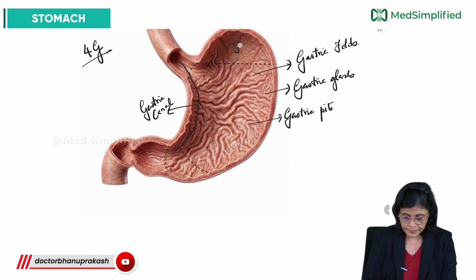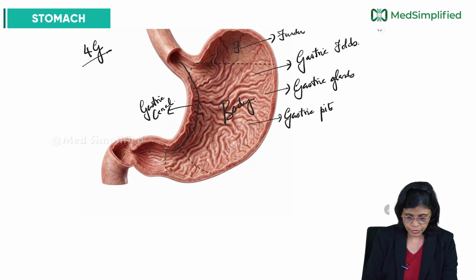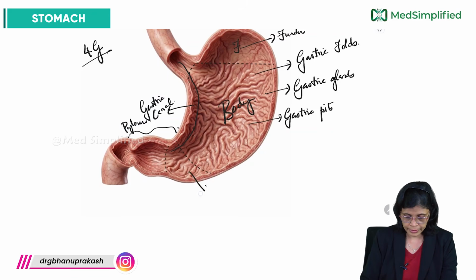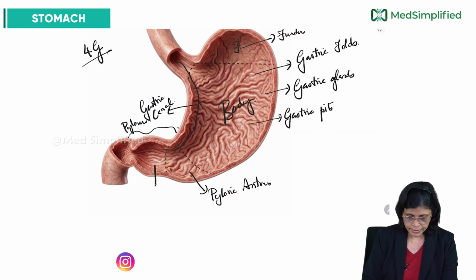So this is about the interior, and when we see the interior here, this is the fundus, this is the body, and this portion from here to here will be the pylorus part, which is subdivided into the pyloric antrum and this is the pyloric canal.